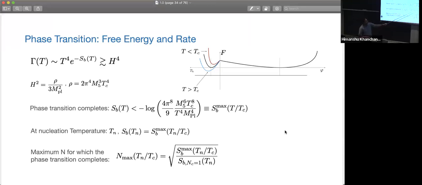The equality is what defines the nucleation temperature. Okay, so the bounce action is a function of temperature, and when the bounce action matches the max it can be, otherwise it's too slow, that's when the phase transition will happen. And effectively, because I said that the bounce action scales with n square, you can calculate what is the max n that is okay to have a phase transition. Okay.